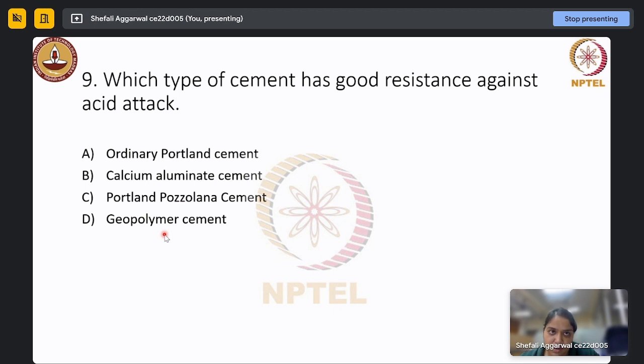More silica richness and minimal calcium phases in geopolymer could be contributing to better acid resistance. Less calcium hydroxide, maybe. Yeah, less calcium hydroxide is there, but calcium hydroxide is not the reason for acid attack, right?